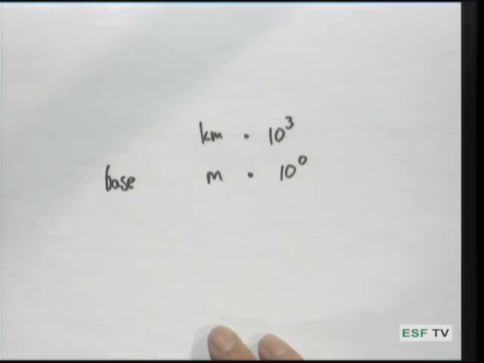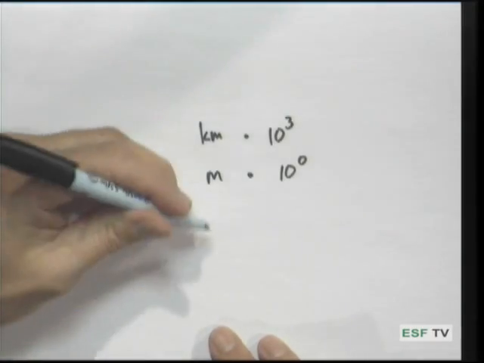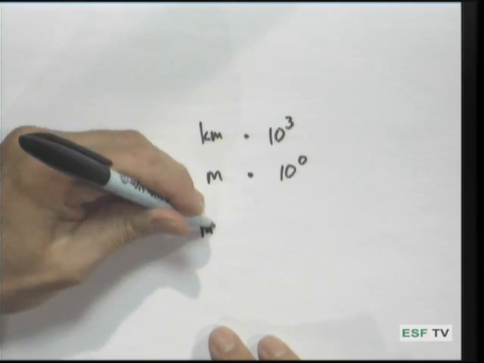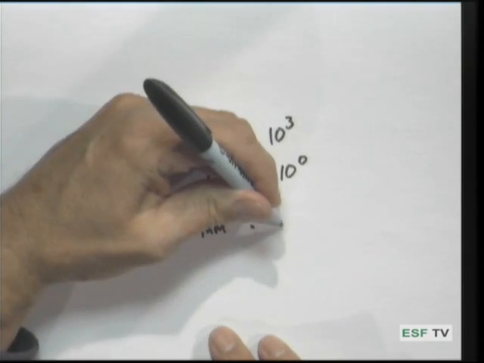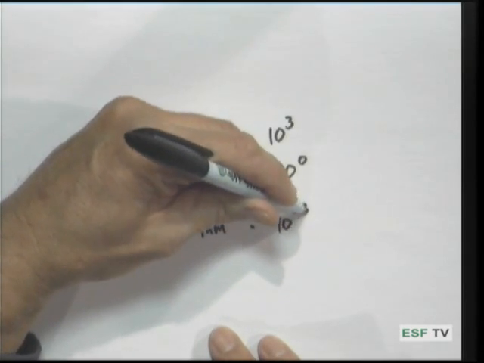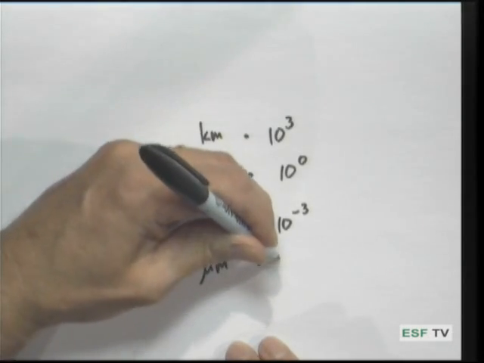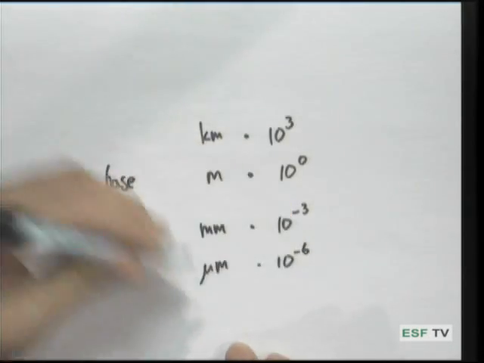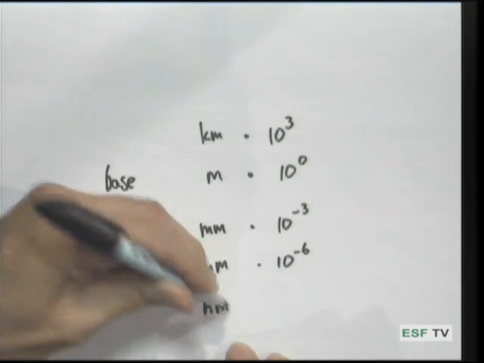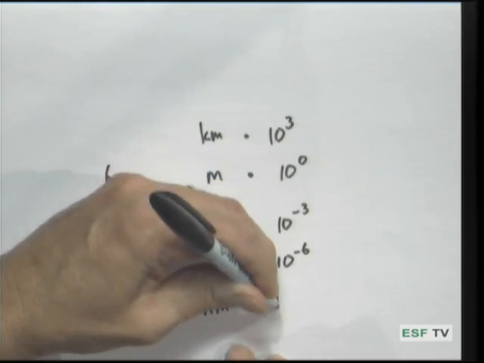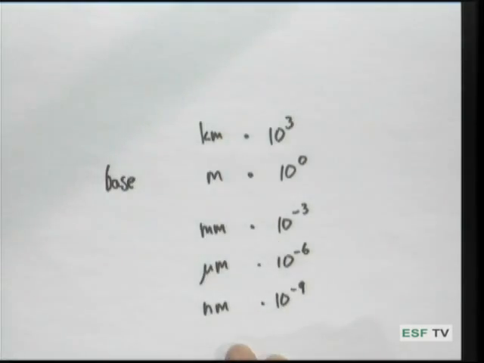All right? And if we wanted to define a shorter measure, we could talk about a millimeter. That's meters times 10 to the minus third. Or a micrometer, which is meters times 10 to the minus sixth. Or a nanometer, which is meters times 10 to the minus 9, and so forth.